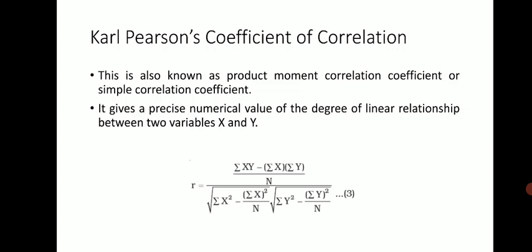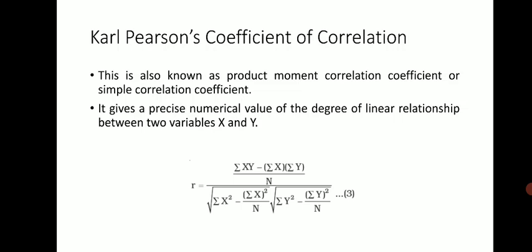By using this formula we calculate the relationship between any two variables by a numeric method, by some numbers, meaning by what numbers these two variables are related, whether positive or negative.